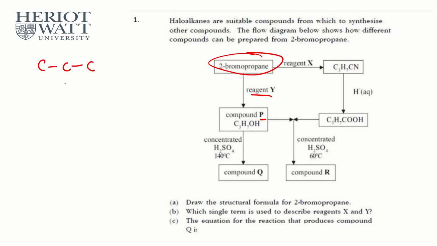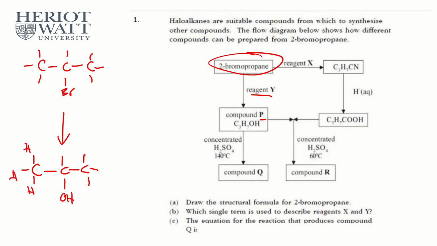So it's C3, 2-bromo, the rest OH, and then it changes into compound P, also C3H7. So everything the same except for the Br. And the Br now turned into an OH, or substituted into an OH, then you get an alcohol. Right? So this is the structure. Of course, the rest will be hydrogen.